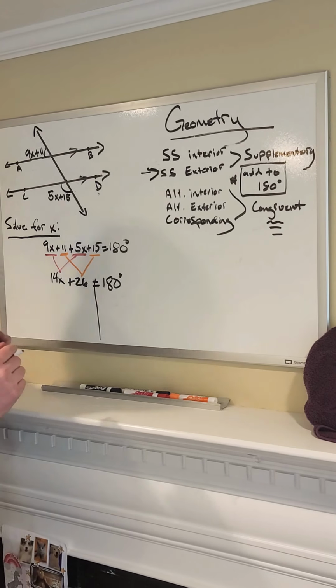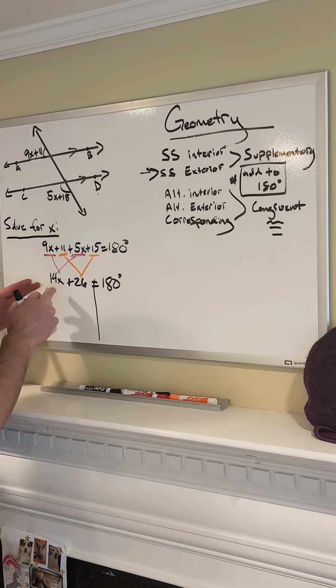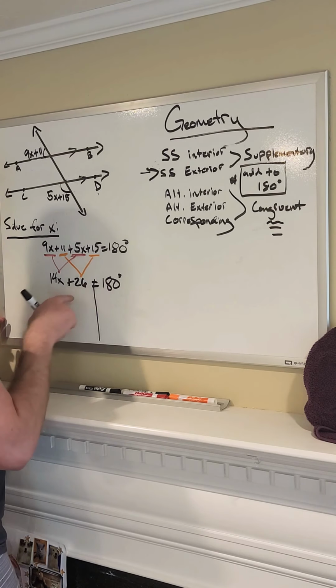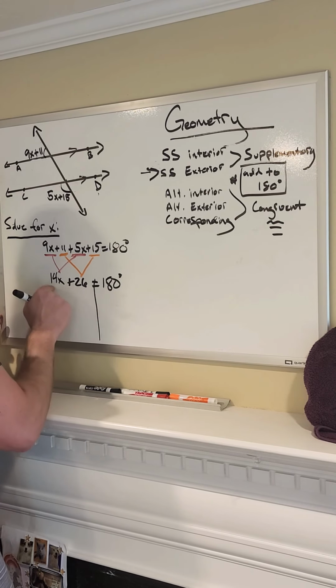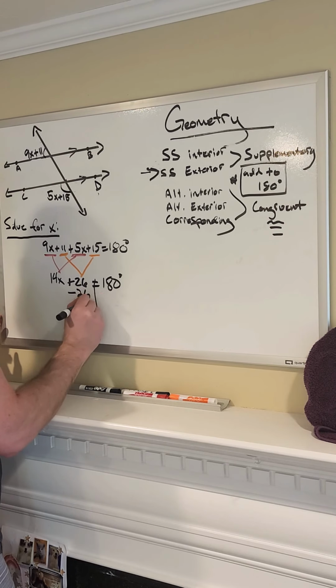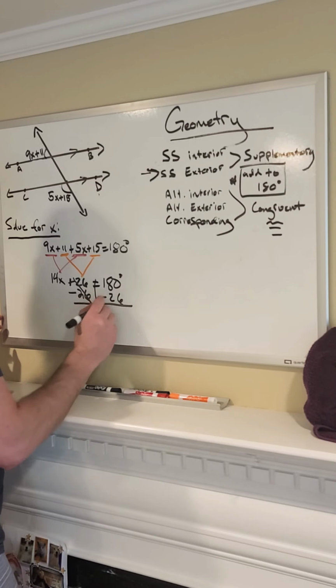Okay, now I just use algebra to solve it. I've got to get my term all alone: subtract my 26, divide by 14. So one step at a time, we get rid of the 26 because we want the 14x there. Minus 26, minus 26. That cancels.